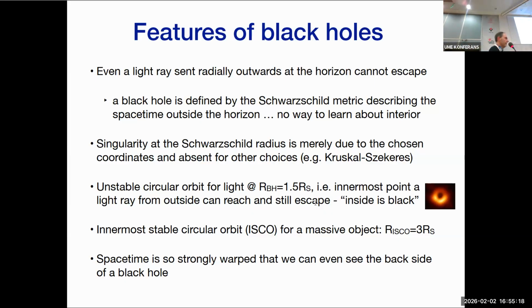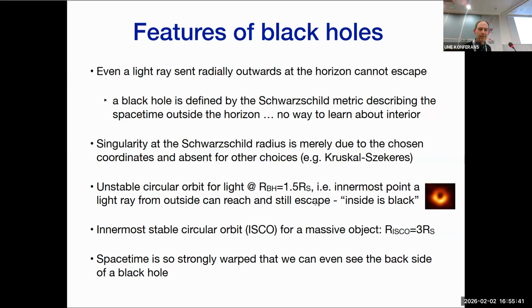You have an accretion disk that illuminates the black hole, and then you have light that goes around the black hole a few times until you see it. Right? And so that gives you these cool photos that you've probably seen. When you look at massive objects, then the innermost stable circular orbit is at 3 times the Schwarzschild radius.